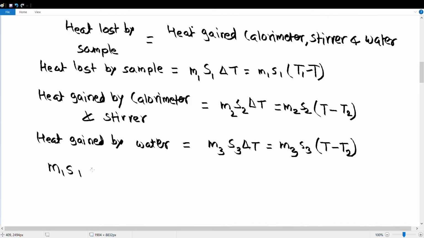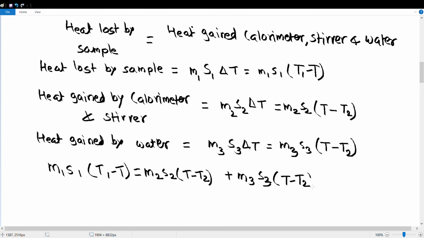So the heat lost is M1S1 into T1 minus T, and this heat loss is the sum of heat which is gained by calorimeter and stirrer. How much heat is gained by calorimeter? That is M2S2 T minus T2 plus M3S3 T minus T2. This much heat is gained. This much heat is lost.